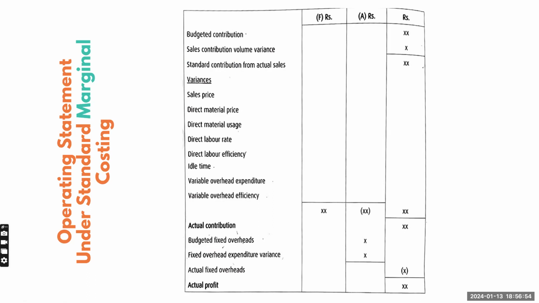Contribution volume variance and standard contribution on actual sales are the same variances, but there are no fixed overheads here. Then you get the actual contribution and only then you adjust the fixed variances. Okay, budgeted fixed overheads and the fixed overhead expenditure variance.